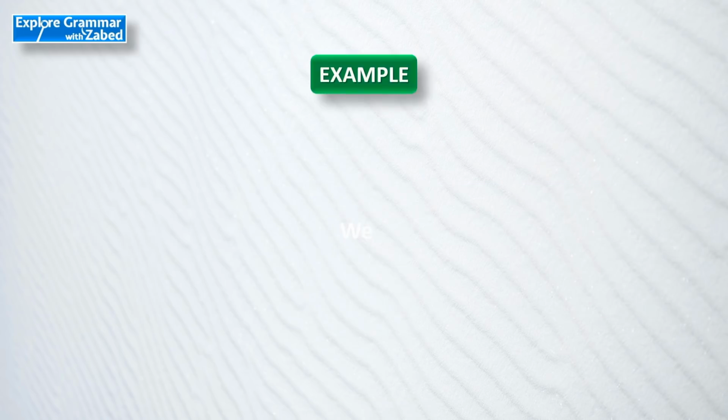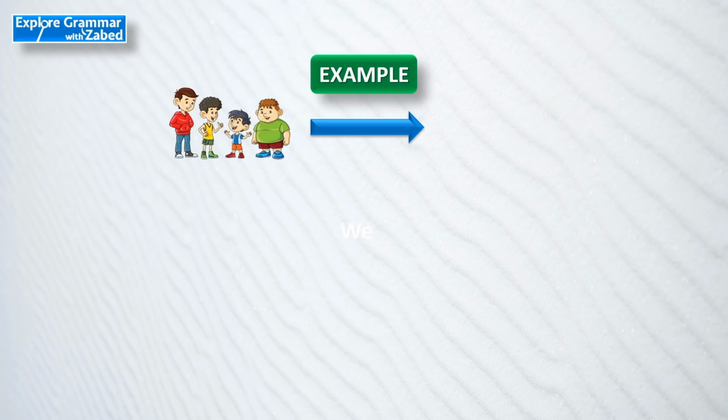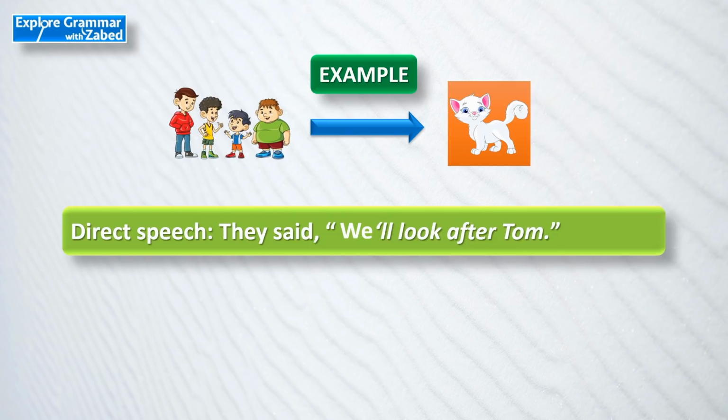Let's look into one more example. They said, "We will look after Tom." Here again, we can see the reported speech is introduced by the first person pronoun "we". So, according to the SON formula, it will be changed according to the subject of the reporting speech.